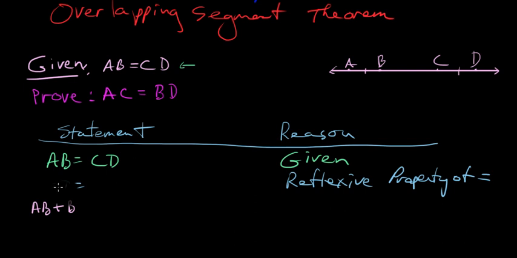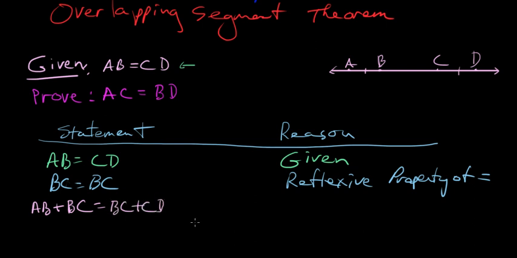I'm getting going strong. This is actually BC, okay? That's supposed to be BC. BC equals BC. Please forgive me, I make a little mistake now and then. So AB plus BC equals BC plus CD.